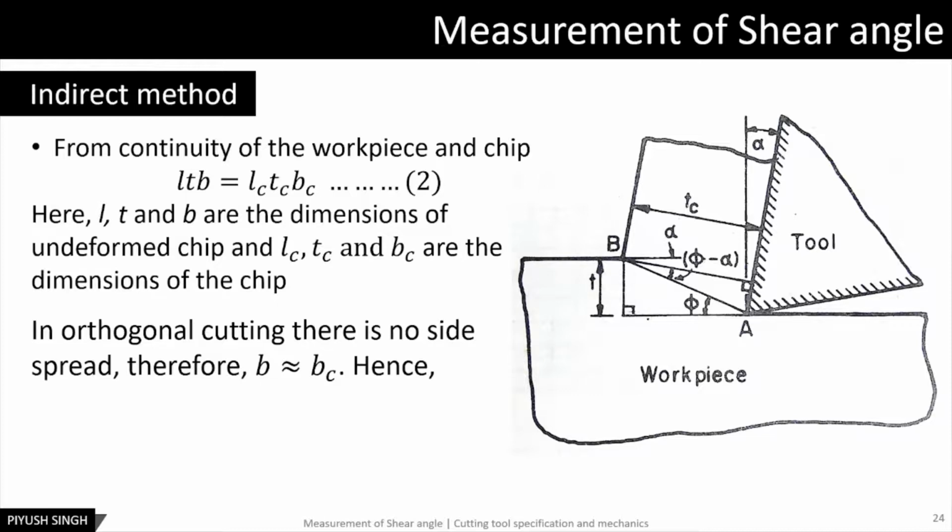So if b is equal to bc, we reach Lc upon L equals t upon tc, which is equal to the chip thickness ratio.